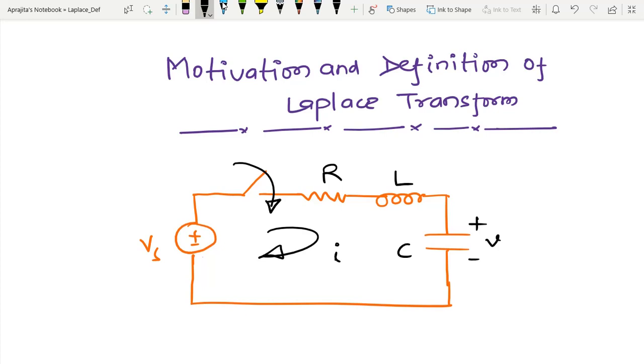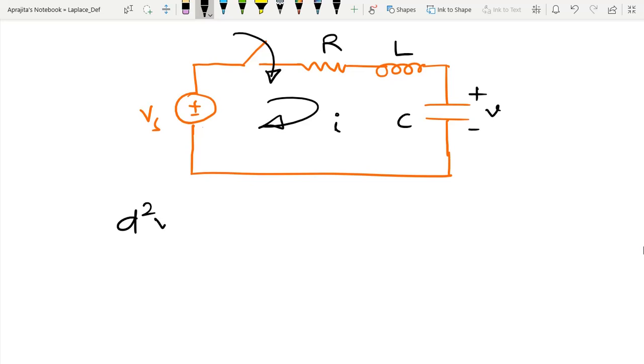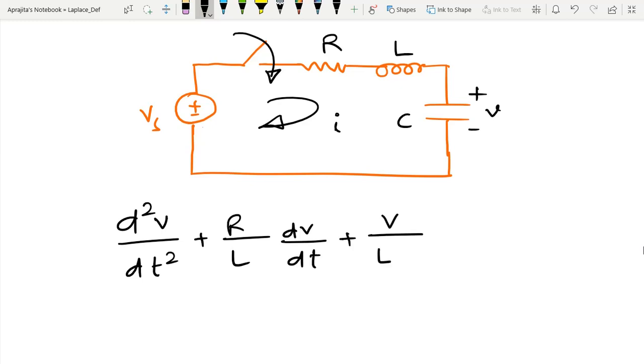We have already learned about this, and what we have found is that after applying KVL I can obtain the second order differential equation. So I'm just going to write the second order differential equation, that is d2V/dt2 plus R/L dV/dt plus V/LC equals Vs/LC.